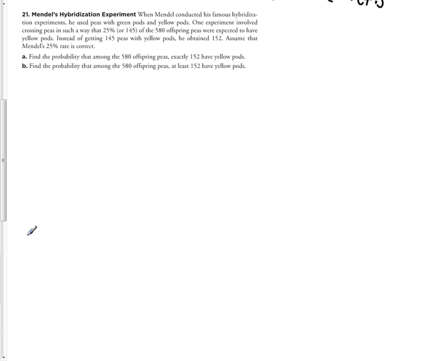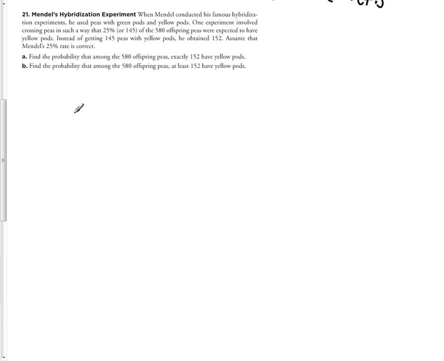So of the total 580 offspring, we expected 25% of that, 145, to have yellow pods. Instead of getting 145 peas with yellow pods, he obtained 152. Assume that Mendel's 25% rate is correct.